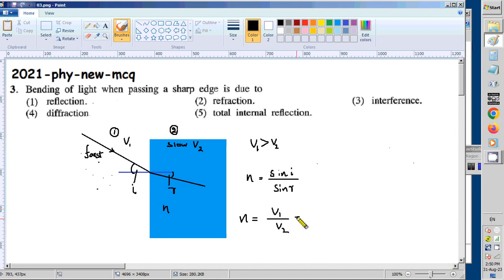So for glass we get 1.5, which everybody knows.